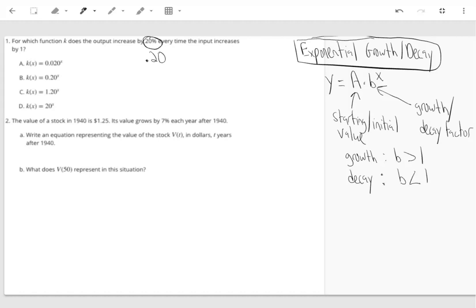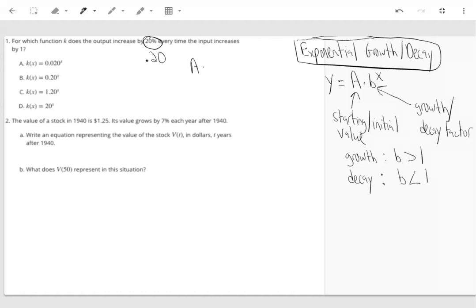Now, notice none of these choices have an initial value. The question doesn't specify an initial value. If it doesn't specify an initial value, then you can assume that it's 1.